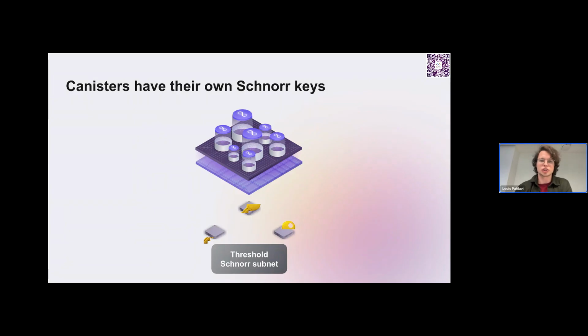To sign a message, the nodes on the signing subnet need to coordinate to generate the signature in a distributed fashion, and at least 1/3 of the nodes is required to jointly create the signature using their key shares. Canisters can therefore request a signature using a request to that subnet. They send their message, and the replicas on the signing subnet, not the canisters, will do the actual signing.